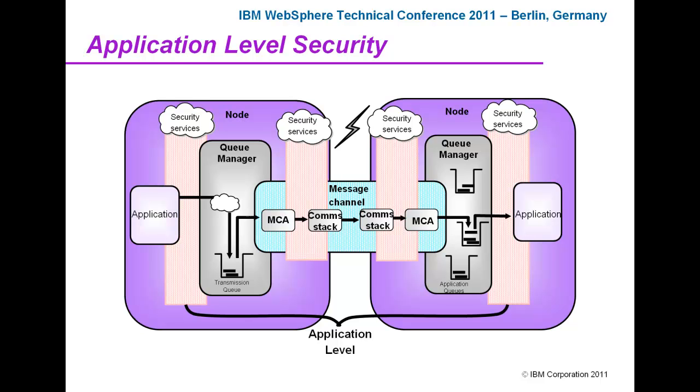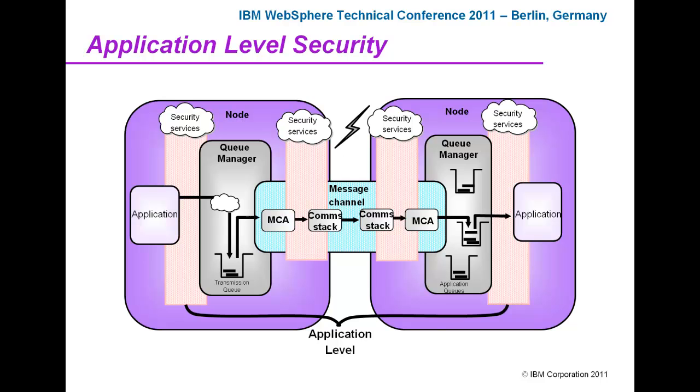And again, the security service is not unapplied, if you like, decrypted, until it is into the application process again. So there may be a number of hops through a number of queue managers, and that service doesn't need to be applied and unapplied at each hop like it would be with what we call link level security, which is this portion here.